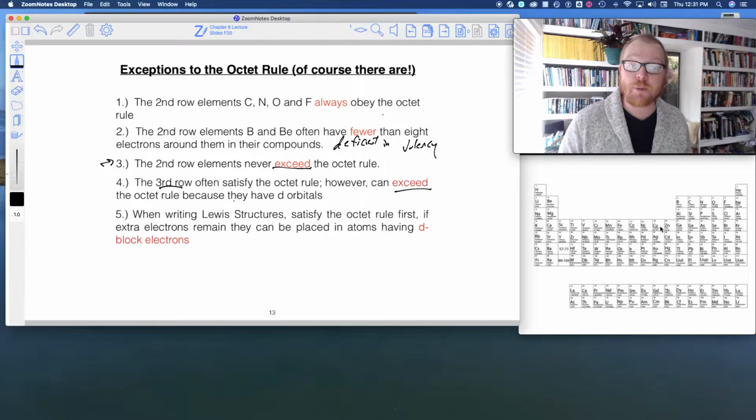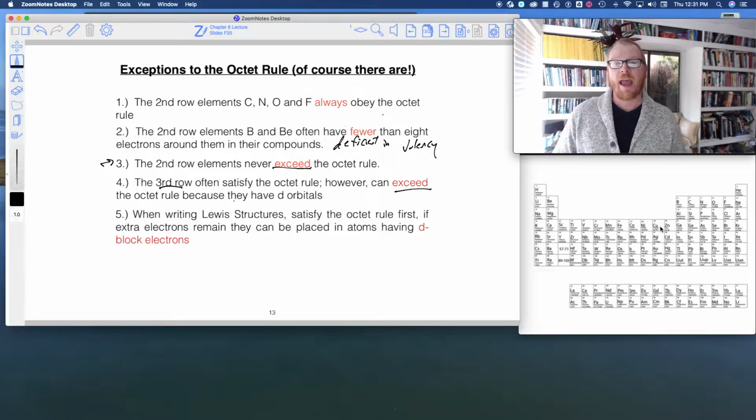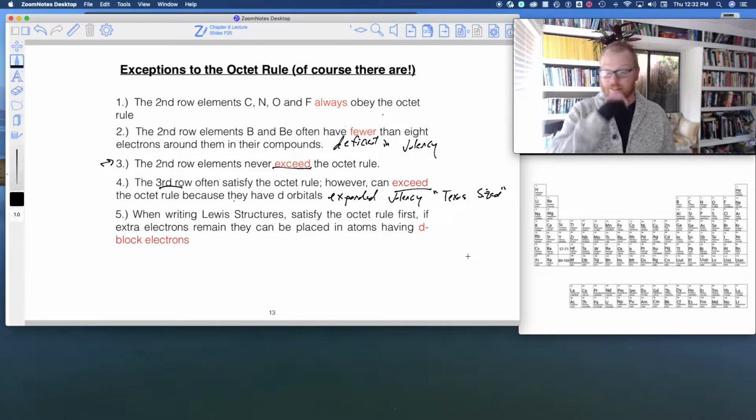So they can spill into the d orbitals. And because they can spill into the d orbitals, they can exceed the octet rule. So we call this an expanded valency. And in the other lecture, I called that Texas-sized valency, because everything is big in Texas.